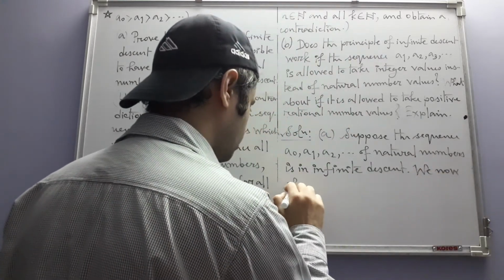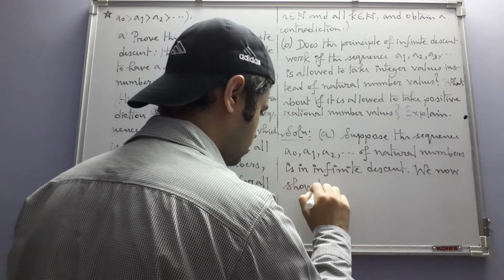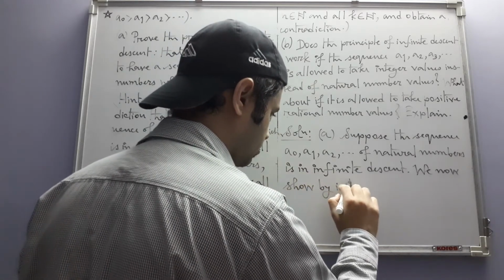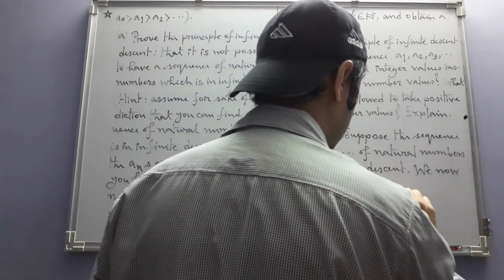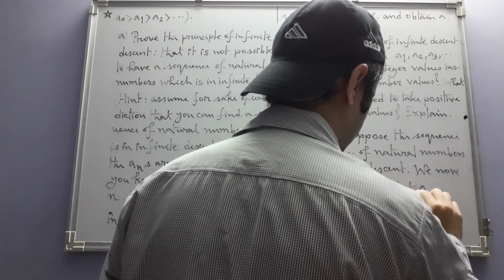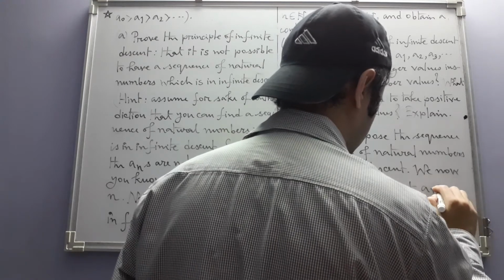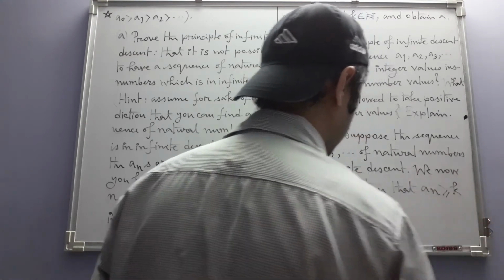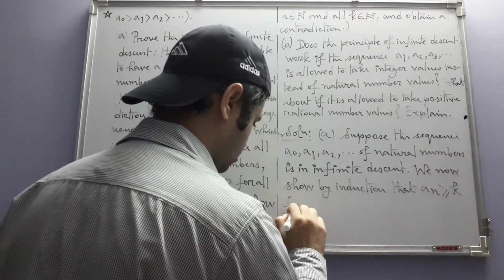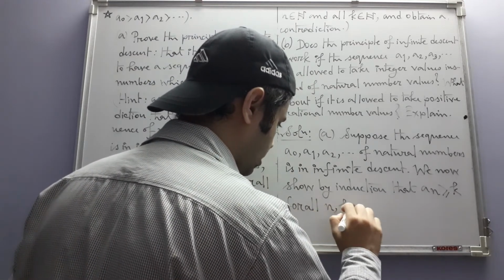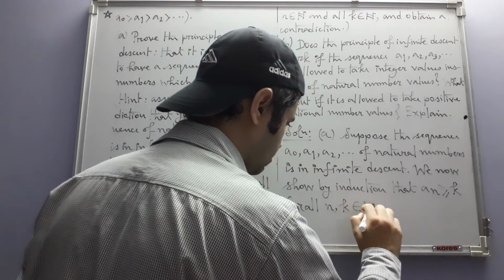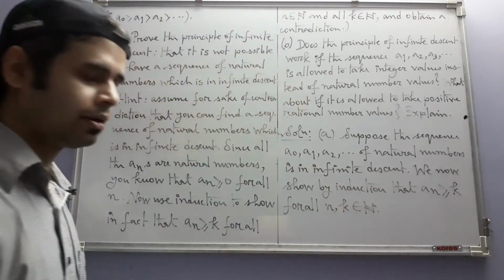We now show by induction that a_n is greater than or equal to k for all n and k, both of which are natural numbers.